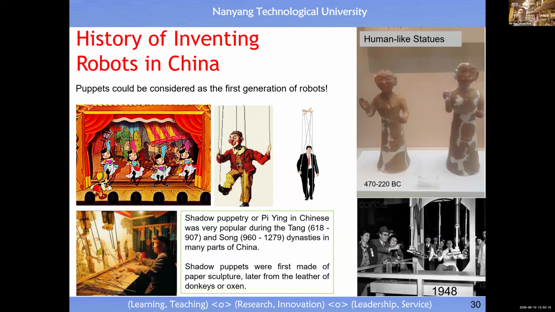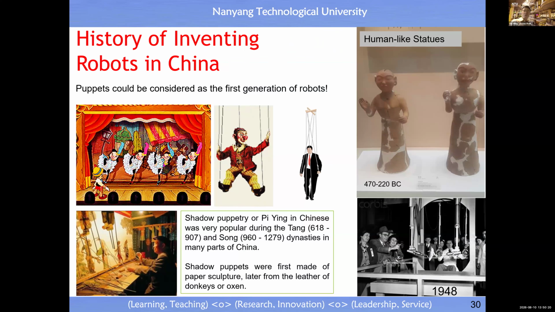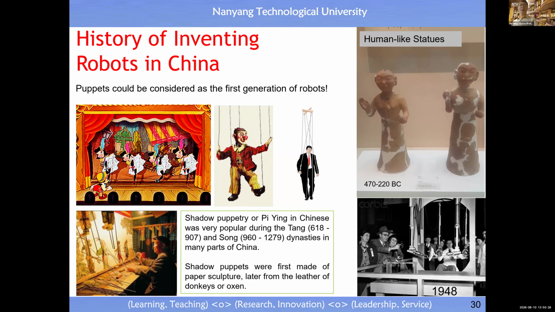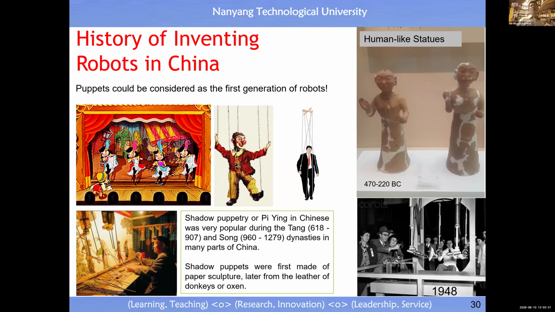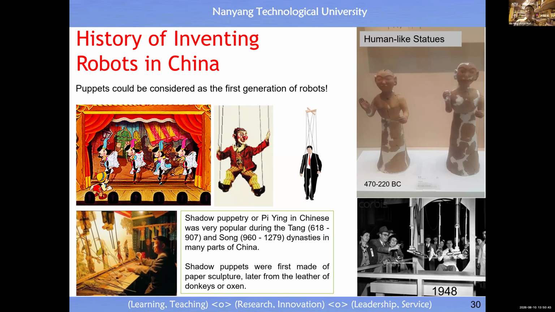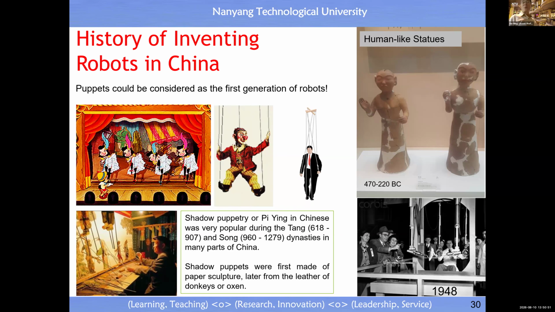Okay, so let me give you one version of description about the robot history and also about the projection of robot history in the future. Actually, we could rectify that version of robot history. If we consider the teleoperated robot as part of the family in robotics, then we must consider the puppet as the first generation of teleoperated robot.